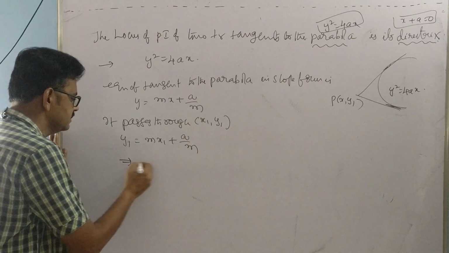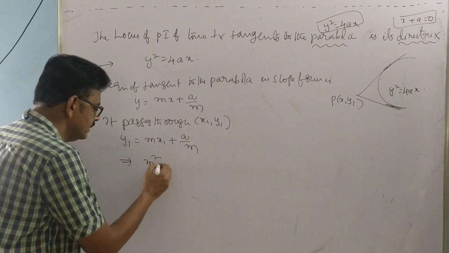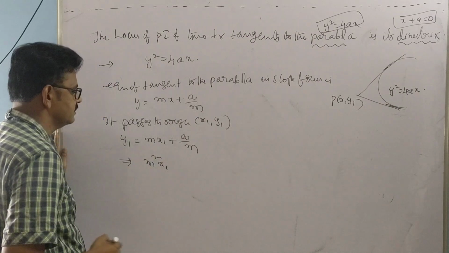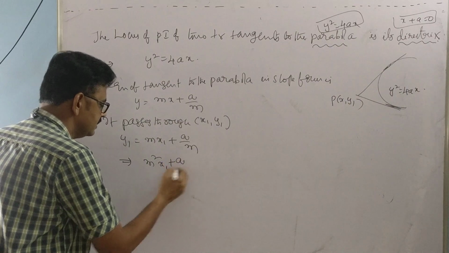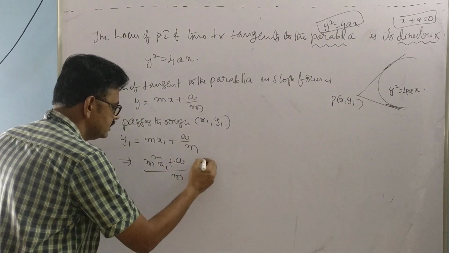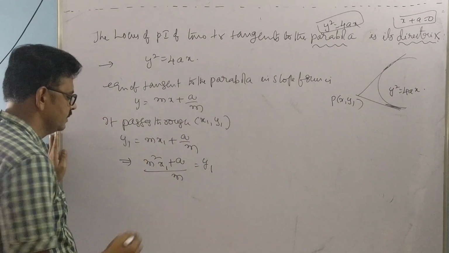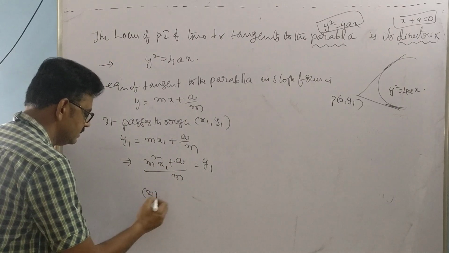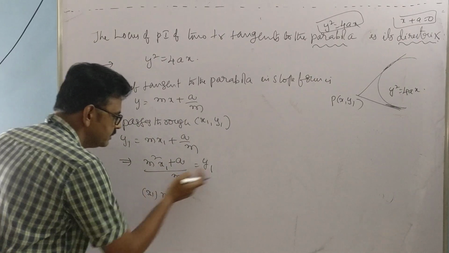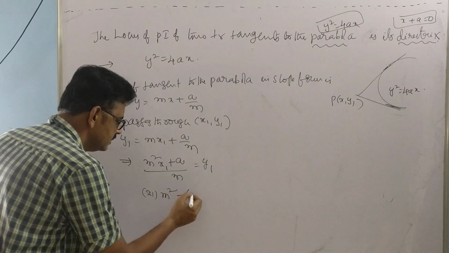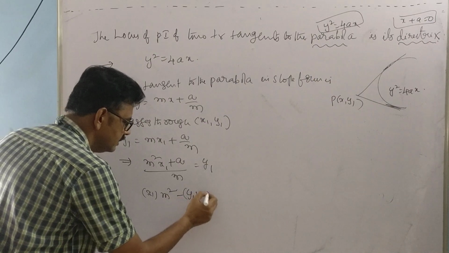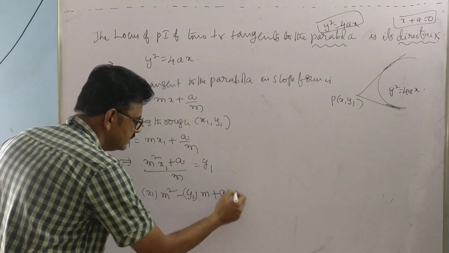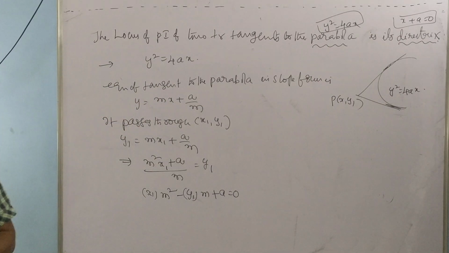This implies m²x1 + a = y1 m. By cross multiplication, x1 m² - y1 m + a = 0, which is a quadratic equation in terms of m.